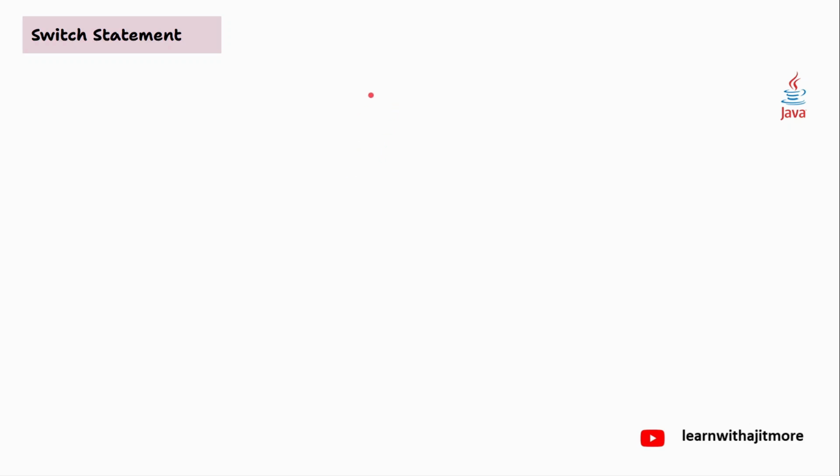In that case also, suppose you have a variable and you want to match it with an exact value. You have an expression and the result of that expression you want to match with some exact value. So if the expression is matching with value 1, you want to perform some statement.